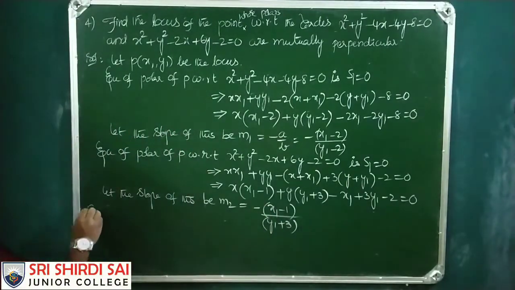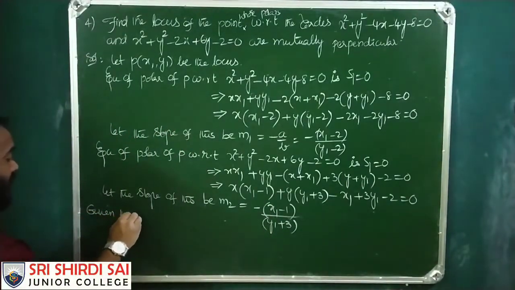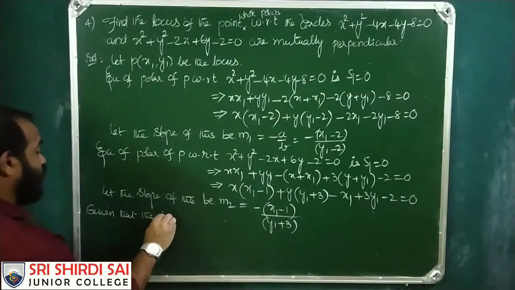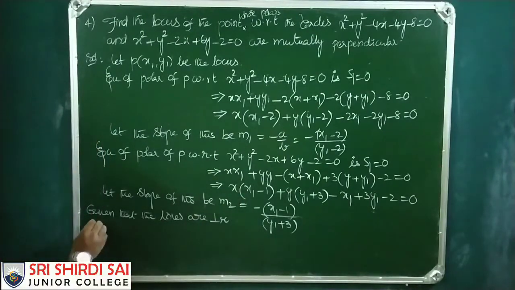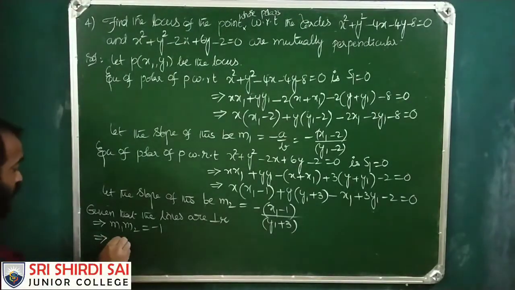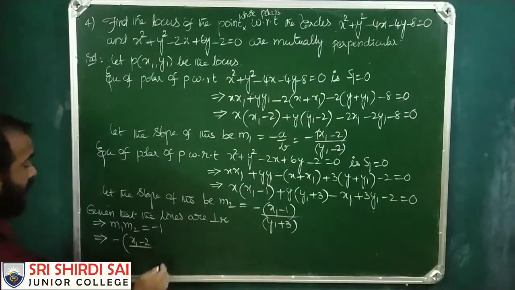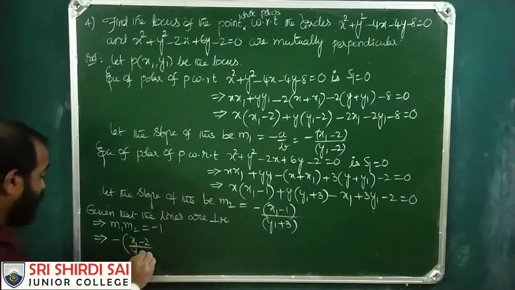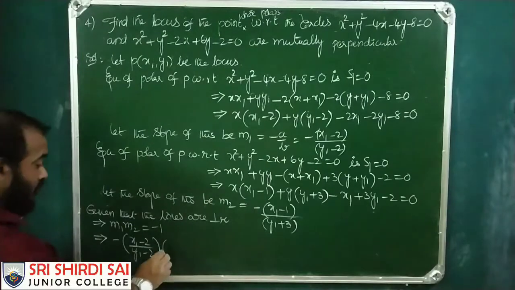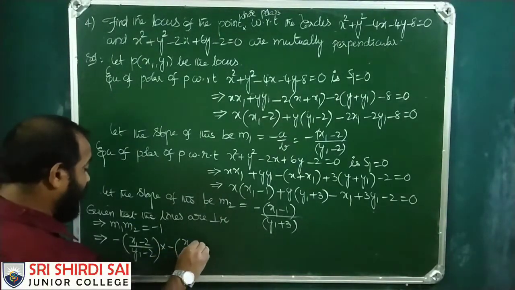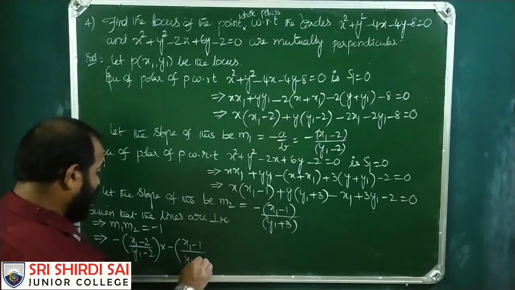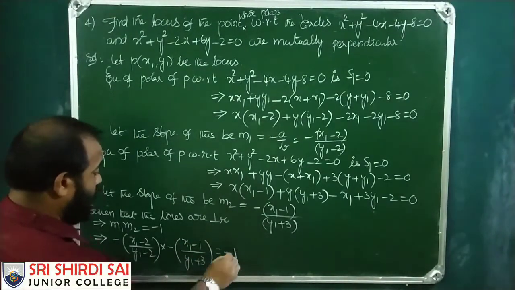So given that the lines are perpendicular, that means m1 m2 equals minus 1. m1 is minus of (x1 minus 2) by (y1 minus 2), into minus of (x1 minus 1) by (y1 plus 3), equals minus 1.